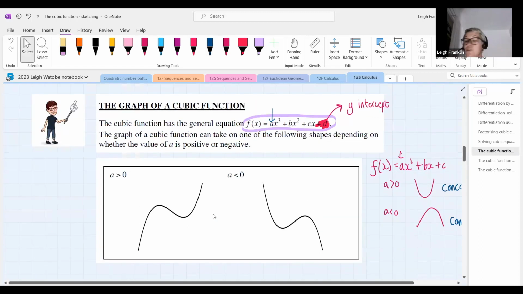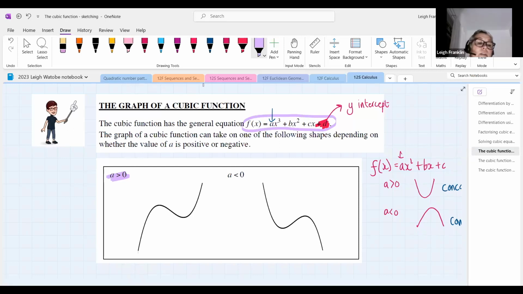On the left-hand side, A is positive. So your cubic function is shaped like this. It's first concave down, and thereafter it is concave up. That's something you have to learn.